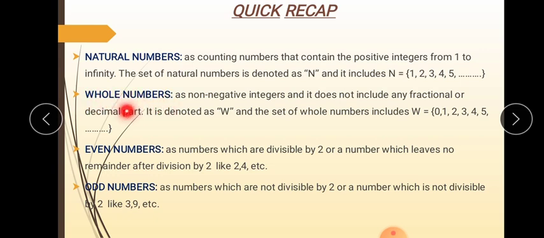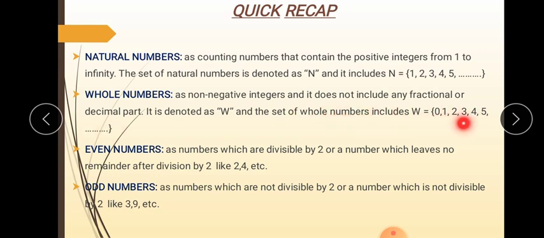Second one is whole numbers. All non-negative integers, means the numbers which are not negative, all those numbers are included in whole numbers, or we can say all the set of numbers starting from 0. So 0, 1, 2, 3, 4 up to infinity.